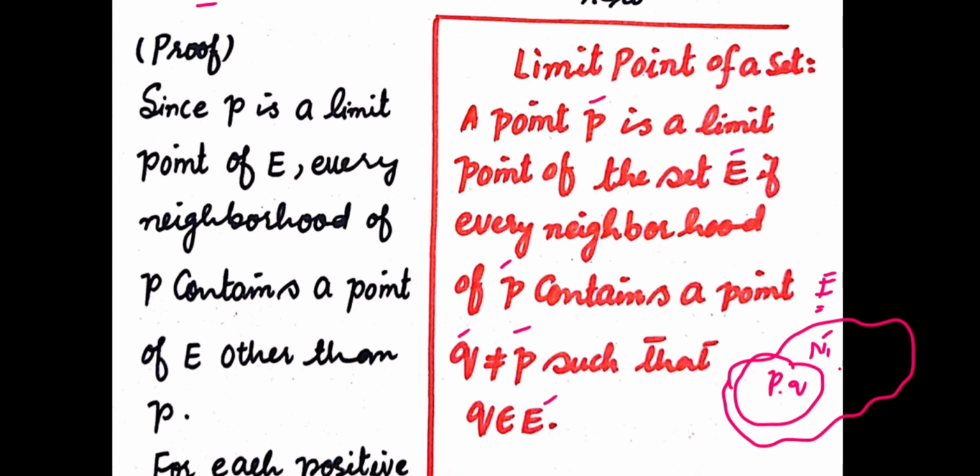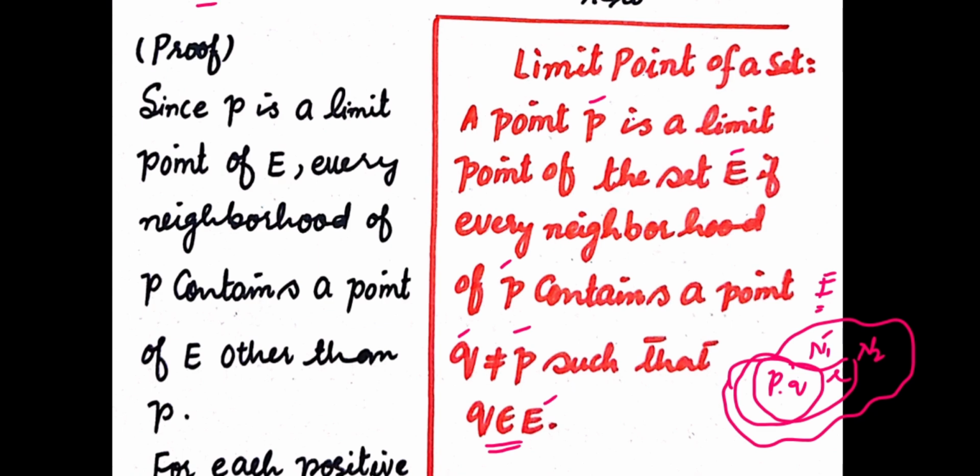Similarly, suppose there is another neighborhood, N2, which also contains P. It must also contain a point other than P. Suppose this is the point R. So a point P is a limit point of set E if every neighborhood of P contains a point Q other than P such that Q is a point of E.